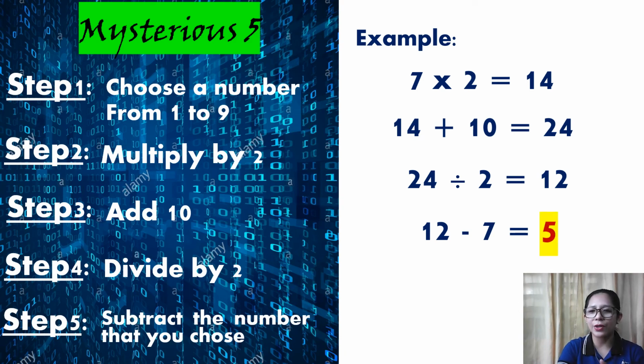And my answer is 5. Actually, whichever number you choose, if you choose 1, 2, 3, 4, 5, or any number from 1 to 9, your result is 5. That is how mysterious 5 is. So, you try. Try all the numbers. You will end up with 5.